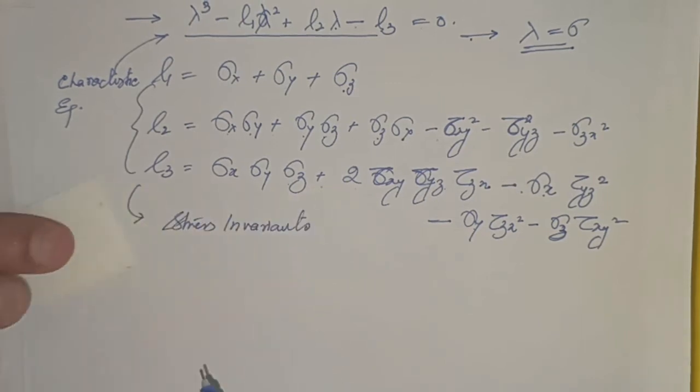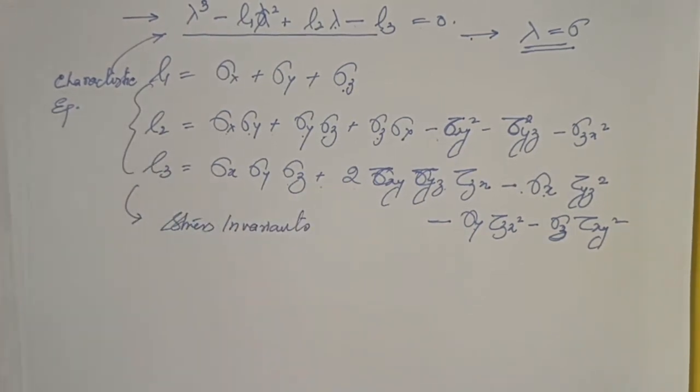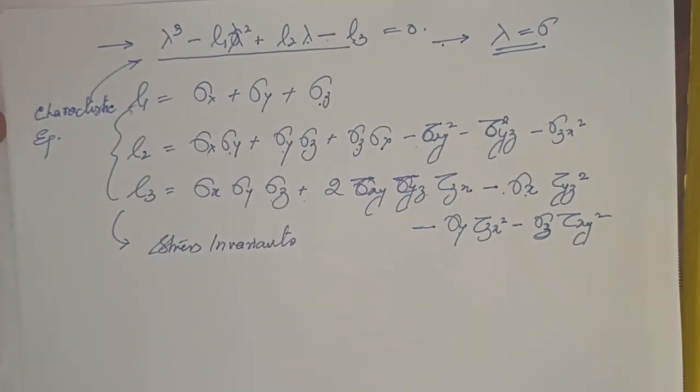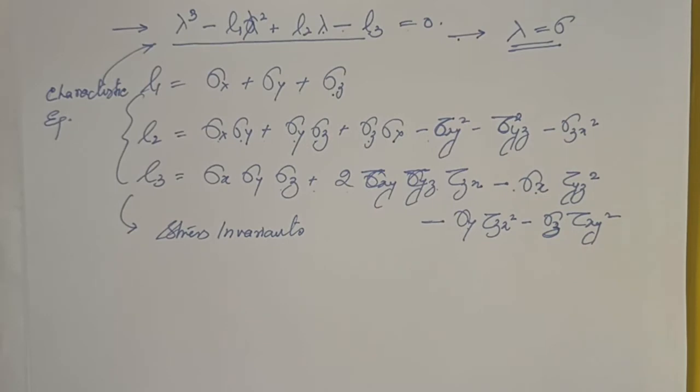These are stress invariants, and there are physical quantities related to them. A particular combination of L1 with respect to a hydrostatic stress. A hydrostatic stress is one particular kind of stress taken from these components only.